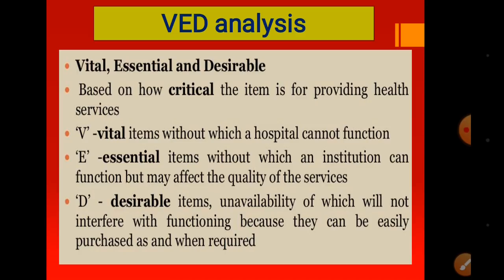E, essential items without which an institution can function but may affect the quality of the services. D, desirable items, unavailability of which will not interfere with functioning because they can be easily purchased as and when required.